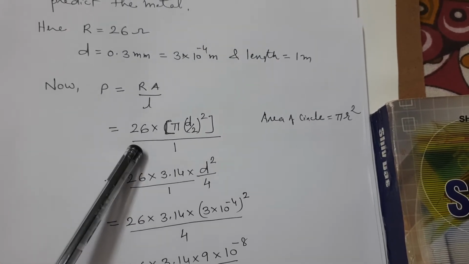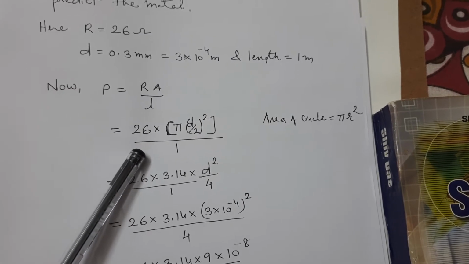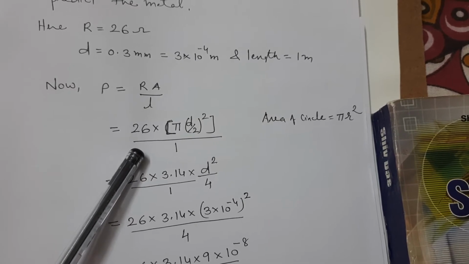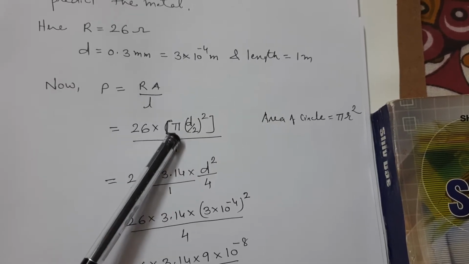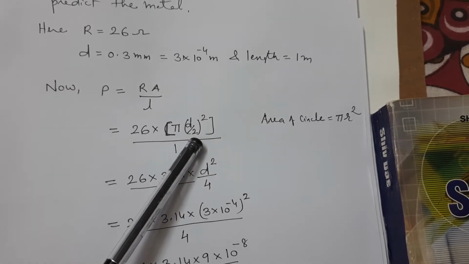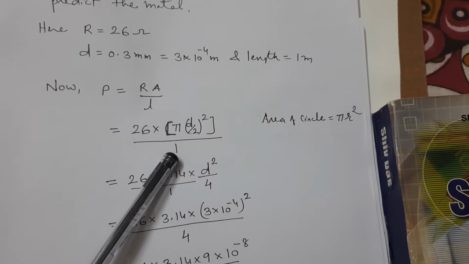R is 26. If we want to find the area of cross section, it is the area of a circle, so we use the formula pi r square. Here r is d by 2, that is diameter upon 2. So d by 2 whole square. Length is 1.